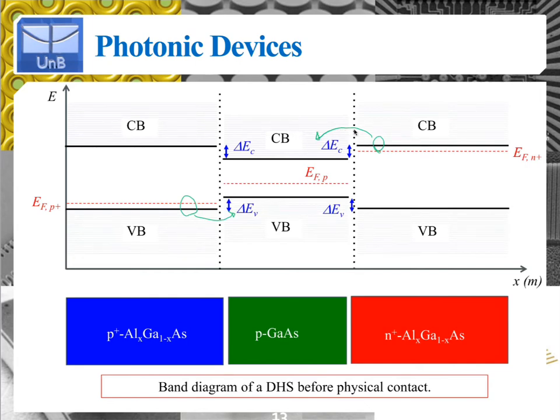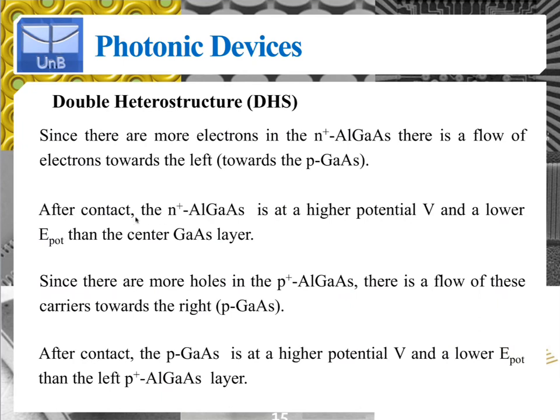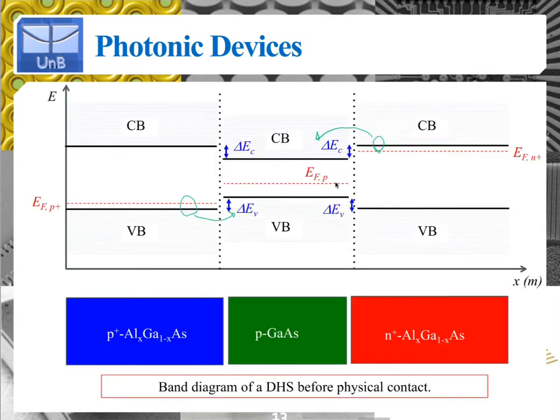But what will this cause? Well, after contact, the heavily doped n-type aluminum gallium arsenide material will be at a higher electrostatic potential V, because if electrons have diffused to the left here, this has left this material at a larger electrostatic potential, at a larger V. But we've seen that the potential energy will actually be smaller.